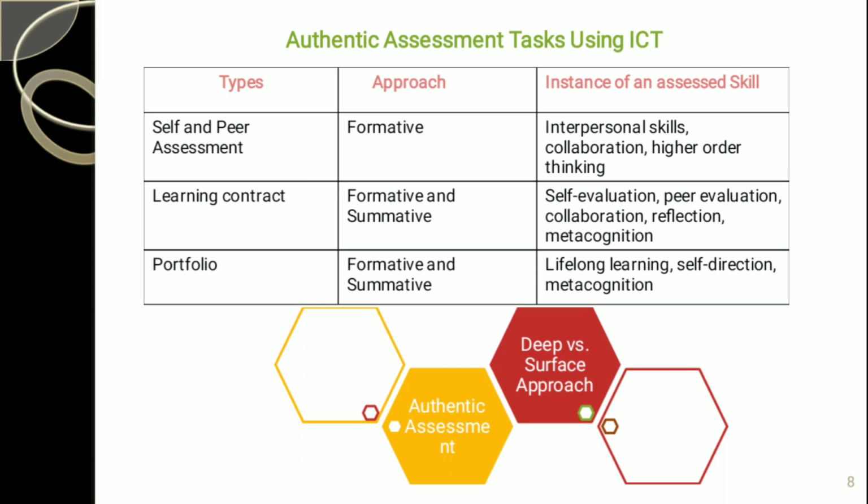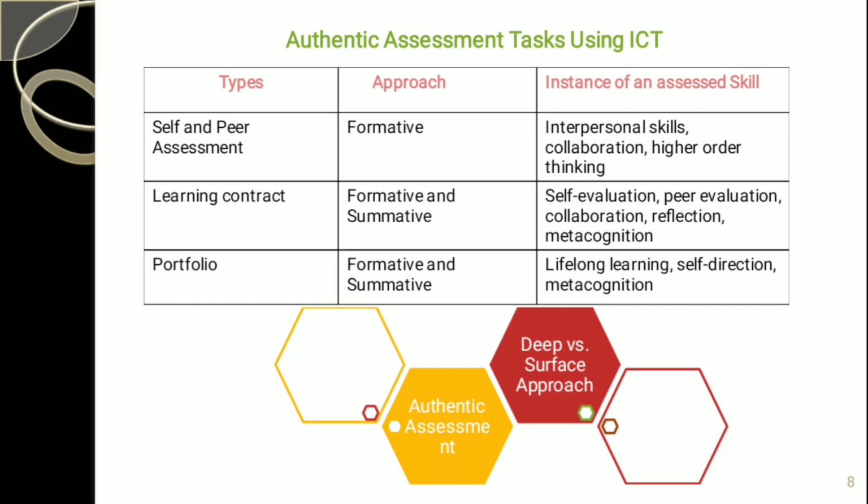There are some types of assessment which can be considered as authentic assessment tasks, of course, with using technology or ICT tools or information technology. There is self and peer assessment, which is a formative assessment. For example, using interpersonal skills, collaboration, higher order thinking skills.